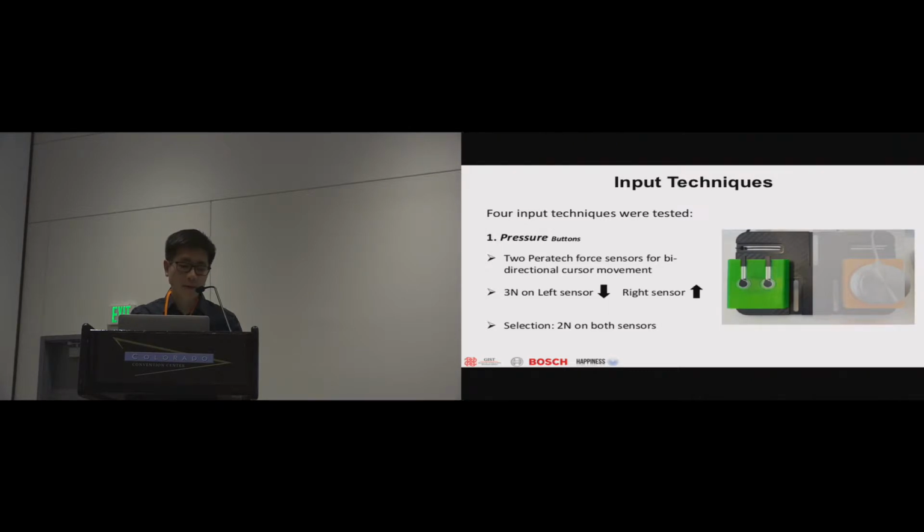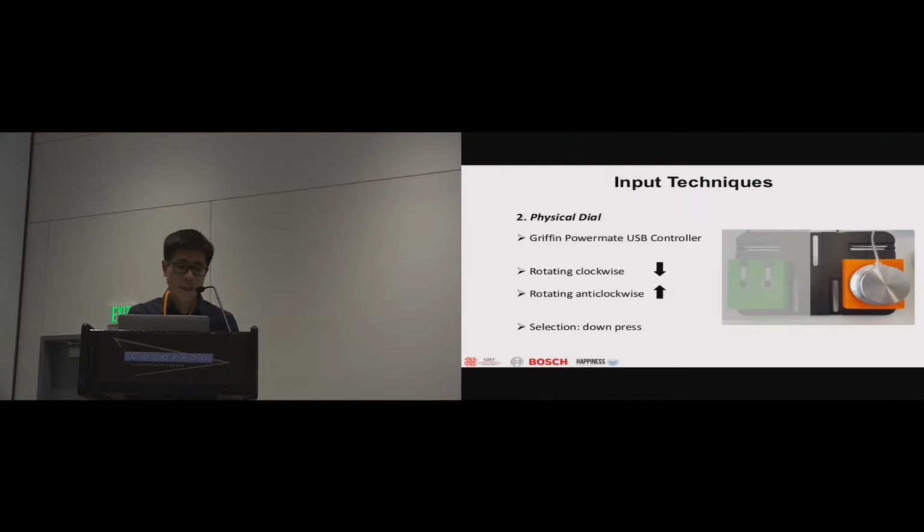Applying 3 newtons of force on the left sensor moved the cursor down, and 3 newtons of force on the right sensor moved the on-screen cursor up. The user had to lift off the finger and apply the same force again to move the cursor up and down. For selection, we asked the participants to apply 2 newtons of force on each sensor. The design of this type of pressure was based on our previous work, so we can compare back to our lab studies.